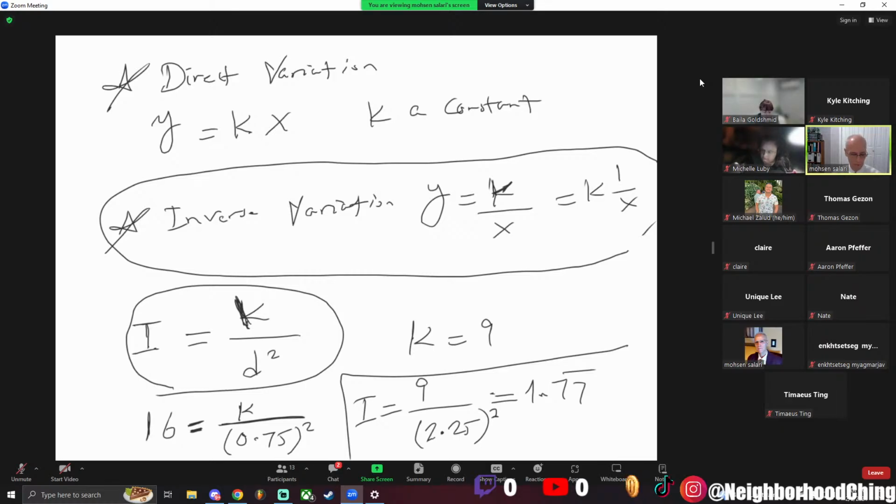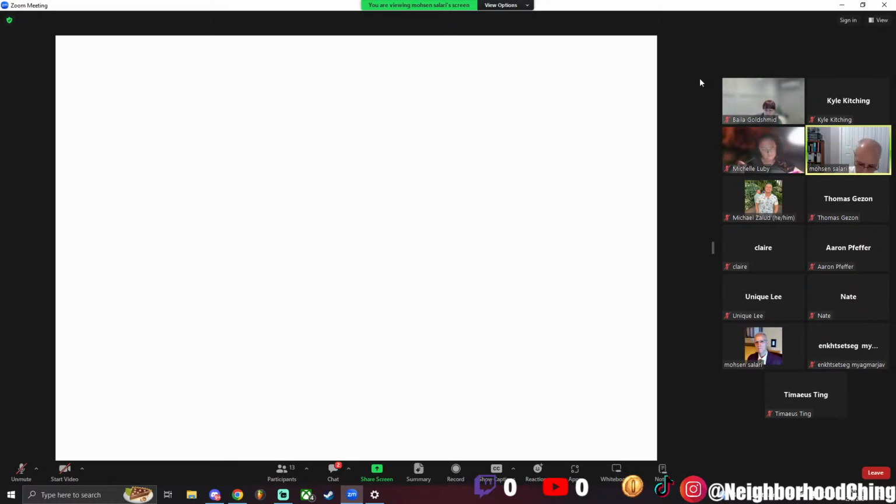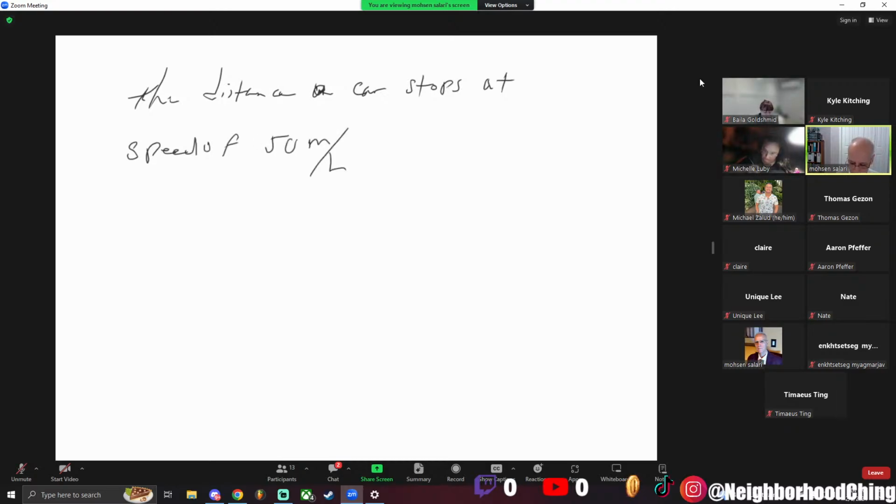For example, if I say the distance a car stops at a speed of, let's say, 50 miles per hour, is related to the thickness of brake pads.